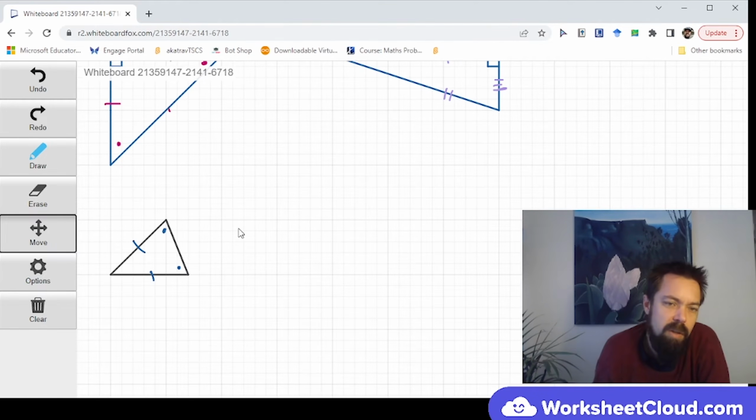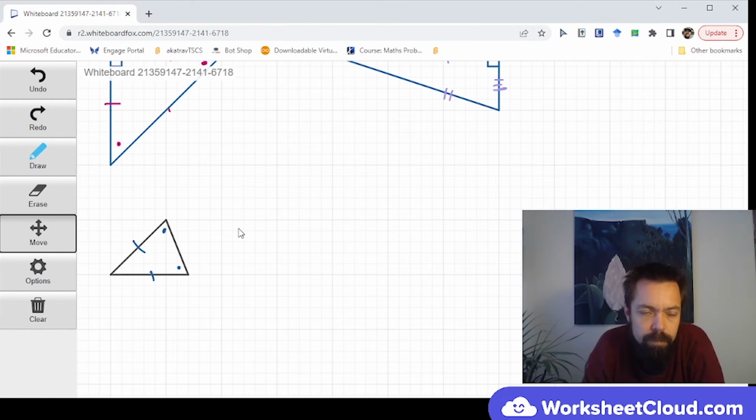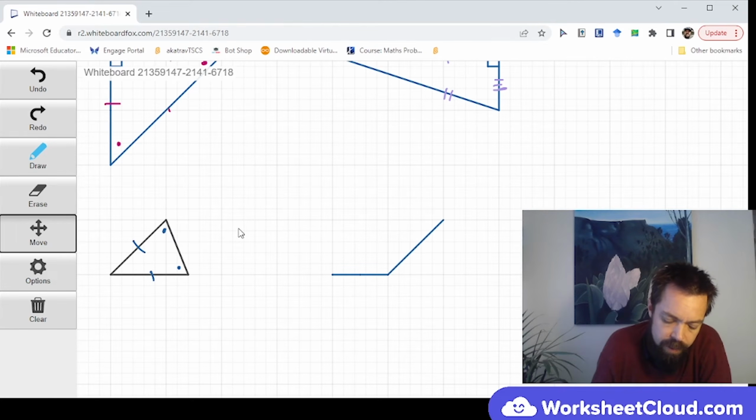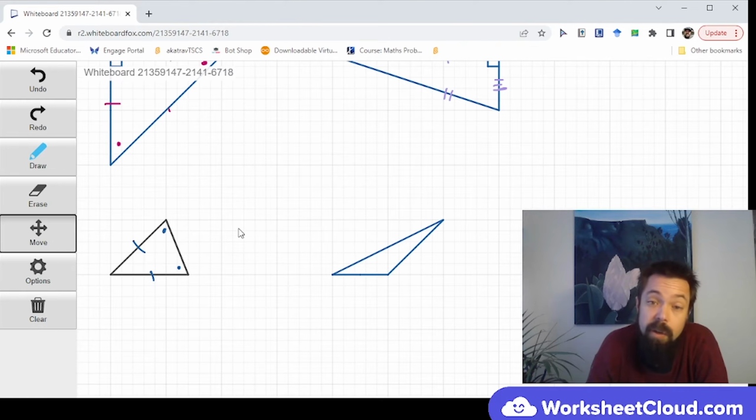So you see what I mean about combining the names so that we can give it a better description of what it is. Okay, and then you've also got what teachers will term an obtuse triangle. And an obtuse triangle is then a triangle that has an angle, only one angle, of more than 90 degrees.